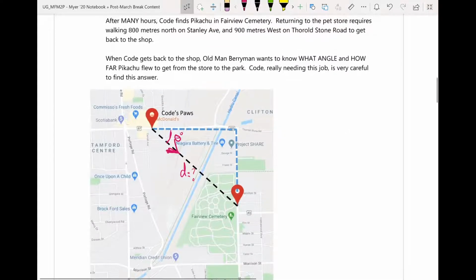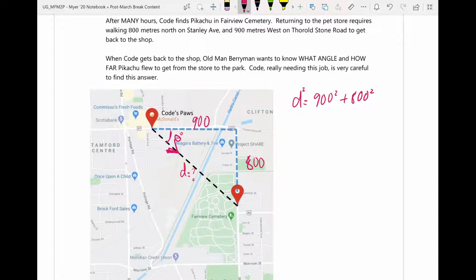So I have 800 meters I did on Stanley, and I did 900 here. How would I solve for D? You would do 900 squared plus 800 squared, and then get the square root of that. Exactly. So D squared is equal to 900 squared plus 800 squared. I'm just going to use the Pythagorean theorem. So 900 times 900 plus 800 times 800.